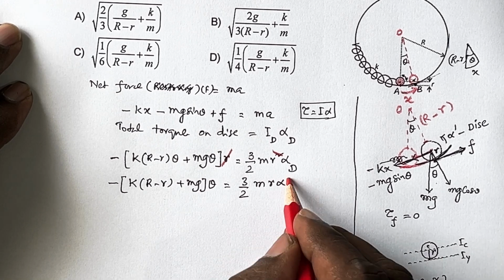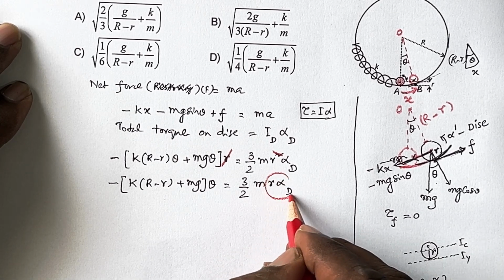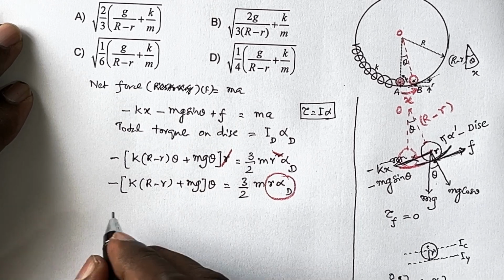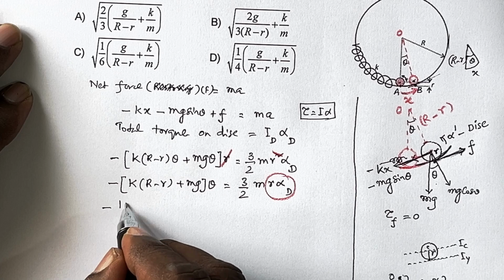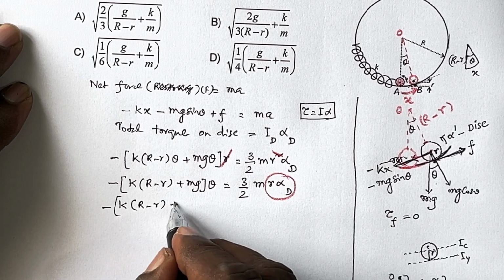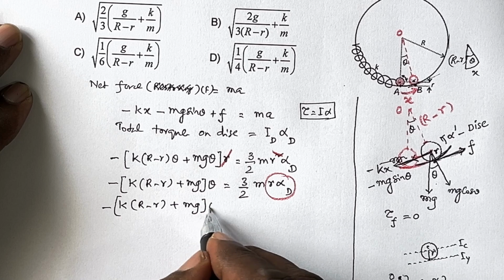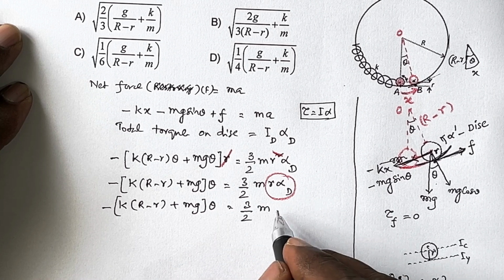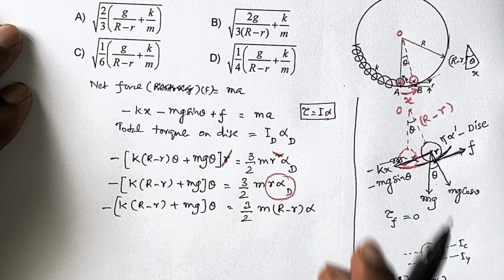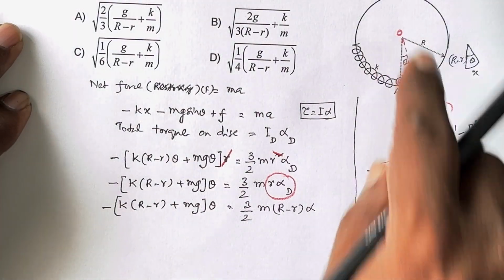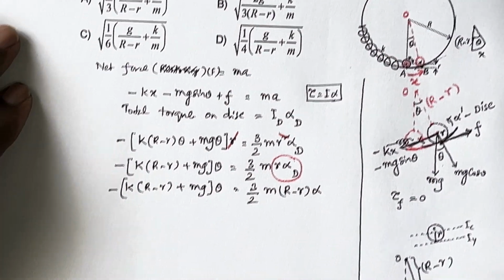So in the place of alpha disk into r, I can write minus k(R minus r) plus mg into theta equals 3 by 2 m. In this place I will write (R minus r) alpha of the center of mass of the disk about O, right?